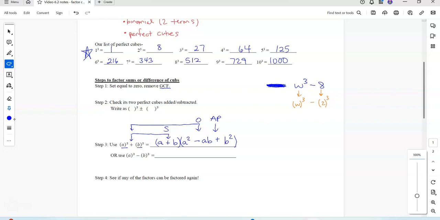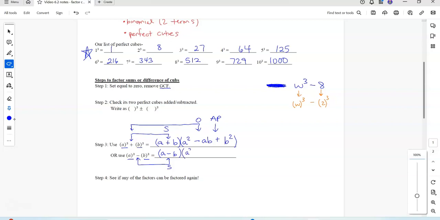Okay? Now the other factor where you have a minus sign between your perfect cubes is going to look more like this. So you're going to have your A value minus your B value. Again, notice that these signs are the same.